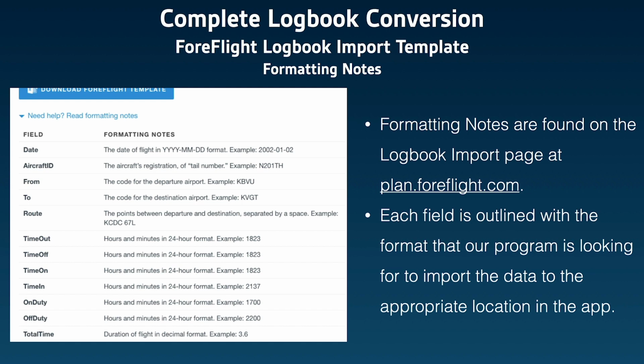When you're reading this information, it will show you the proper formatting that you're supposed to use in the data entry fields, such as for the dates, where you really need to use the year, month, date format. For aircraft IDs, you want to make sure that you keep all of the data together without spaces. And so on and so forth down, you'll see each one of those lines as the properly formatted data that our import tool is going to be looking for to be able to convert your data into the actual code that ForeFlight operates on.